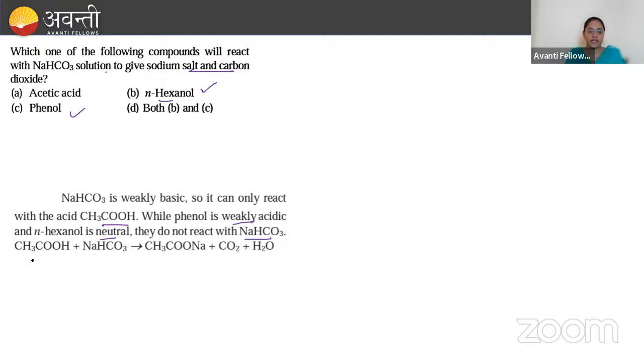So that's why CH3COOH will react with the NaHCO3 to form CH3COONa, CO2 and H2O. Acetic acid is also a weak acid, but phenol will not react with NaHCO3, and n-hexanol being a neutral molecule is also not going to react. So B and C are not options. So what is our answer? Option A is the correct answer.